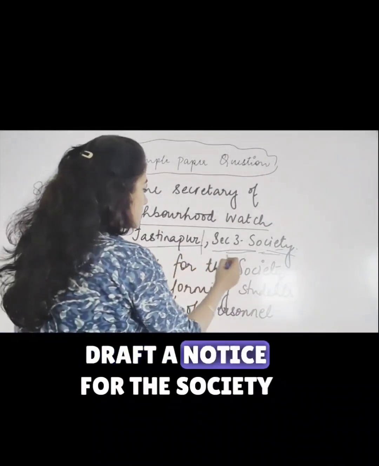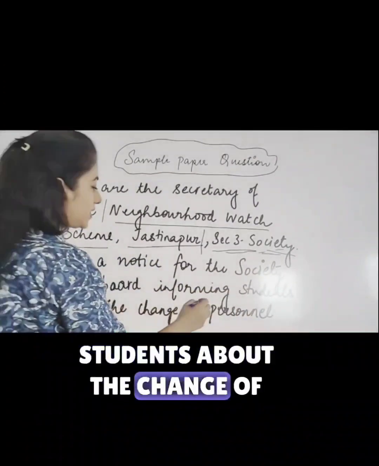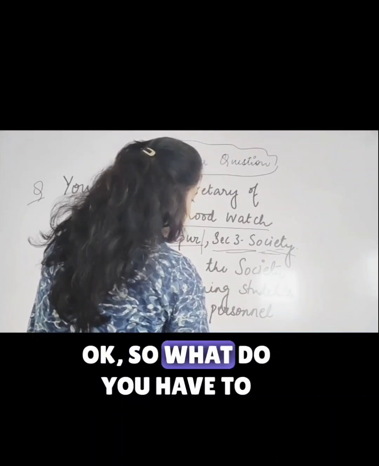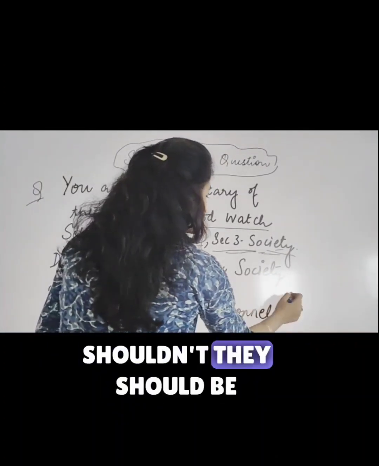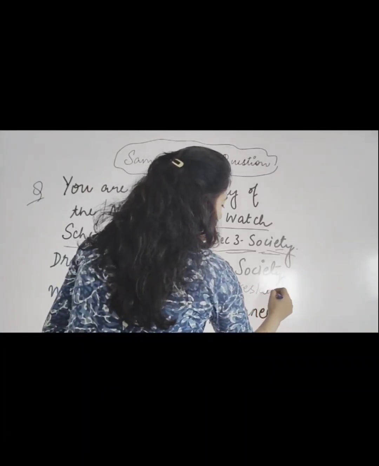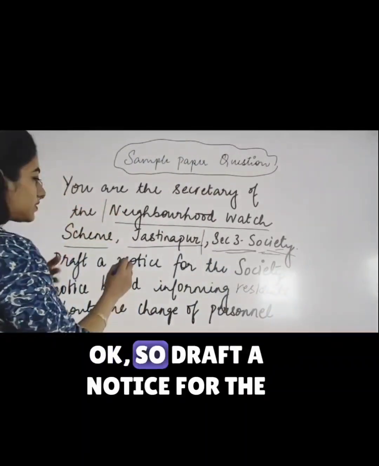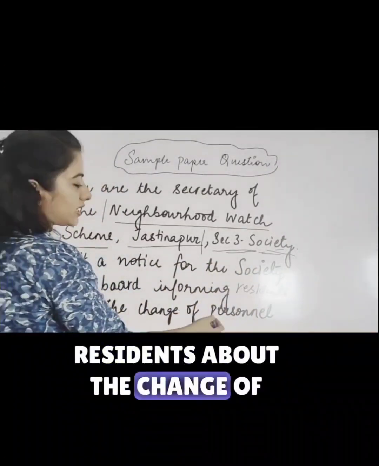Draft a notice for the society notice board informing students about the change of personnel. Okay, so what do you have to inform? Sorry, this is not students, this should be residents. So draft a notice for the society notice board informing residents about the change of personnel.